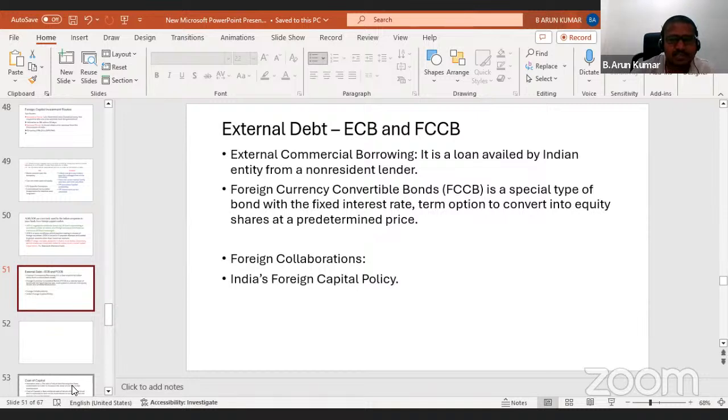Coming to the financing decisions, that is chapter 8, unit 8, cost of capital.